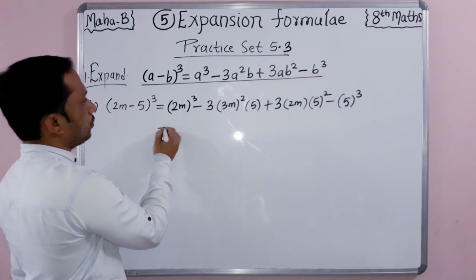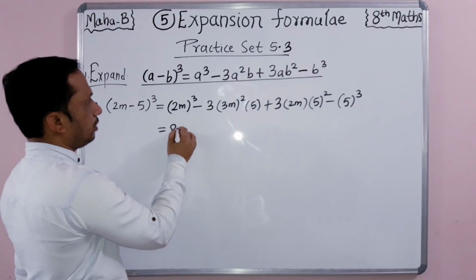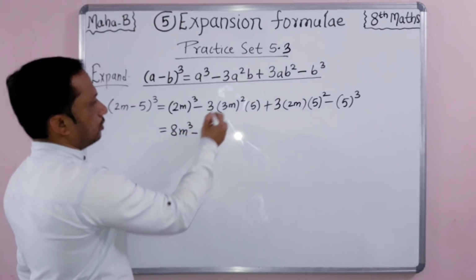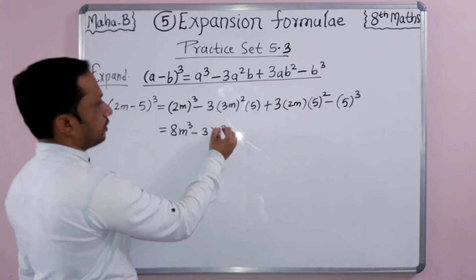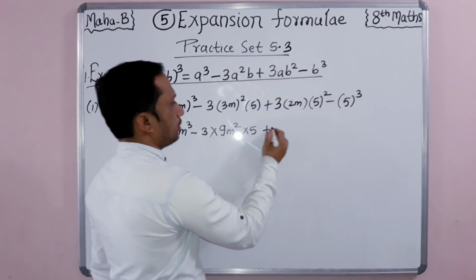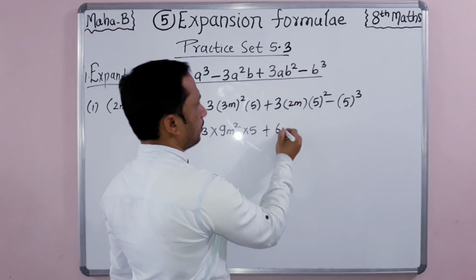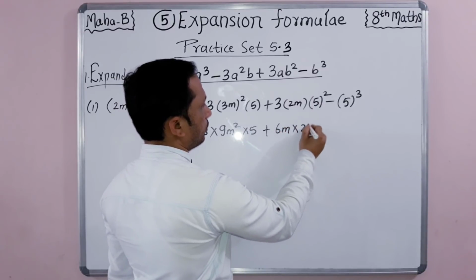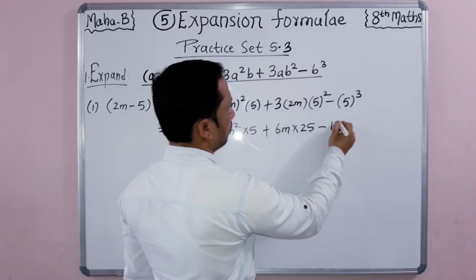So 2³ is 8, so 8m³, minus 3 into 3² is 9, m² into 5, plus 3 into 2 is 6m into 5² is 25, minus 5³ is 125.